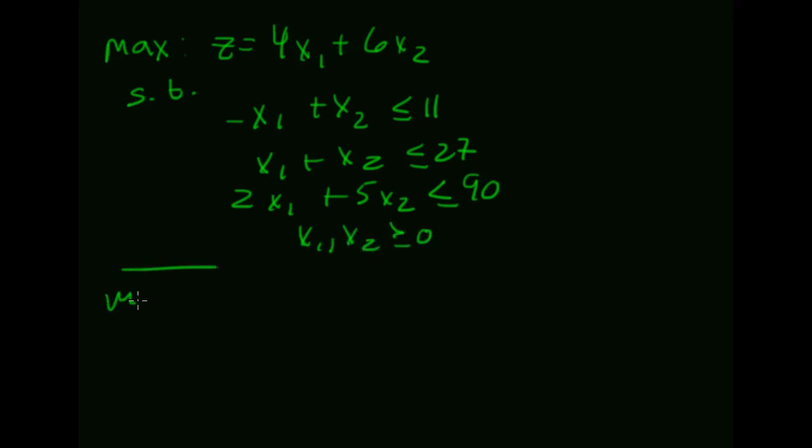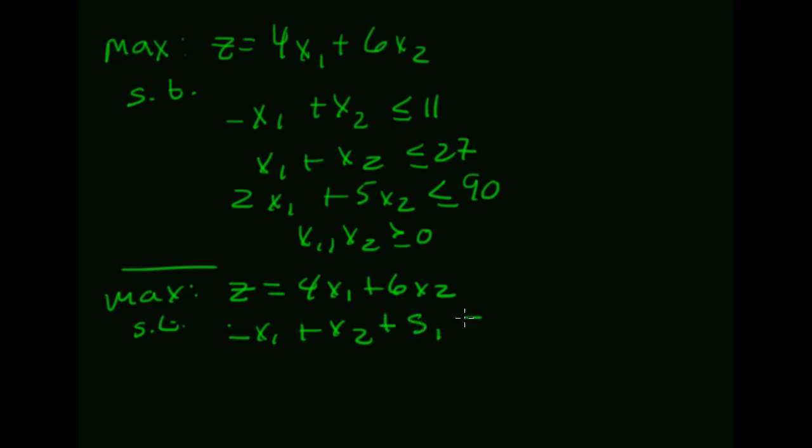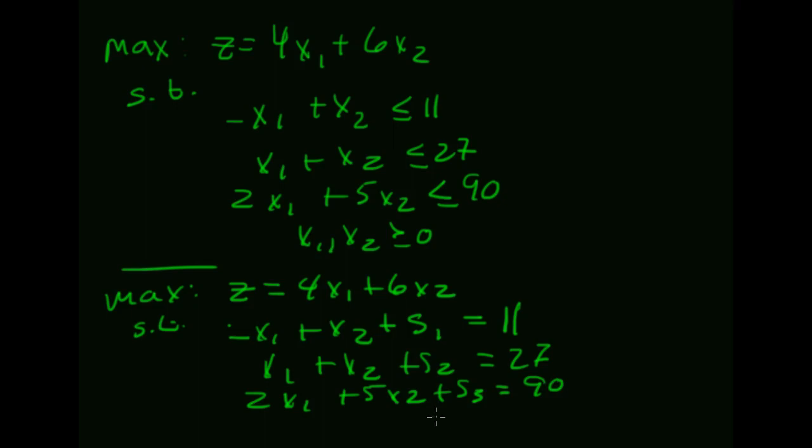Okay, so we rewrite this as maximize z equals 4x1 plus 6x2. And then we start throwing in these slack variables. So this is subject to negative x1 plus x2 plus s1 equal to 11, x1 plus x2 plus s2 equal to 27, and 2x1 plus 5x2 plus s3 equal to 90.